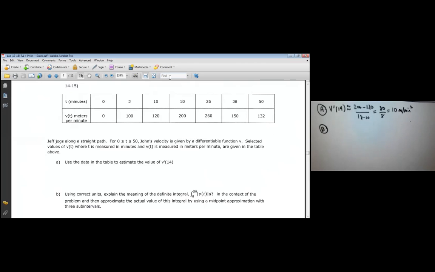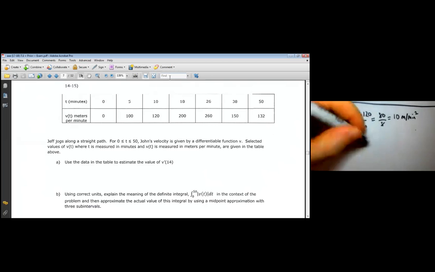Okay, part B. Using correct units, explain the meaning of this thing. So we talked about that yesterday. 0 to 50. Remember, we're not saying it is, it's this integral is. So 0 to 50, absolute value of v(t) dt. And then you can phrase this however you want. Stands for, represents, whatever.